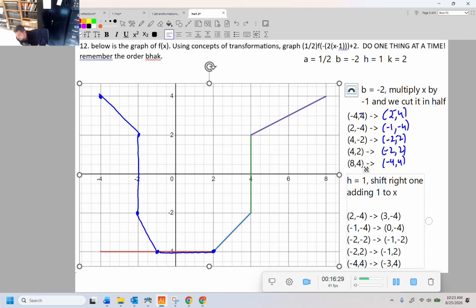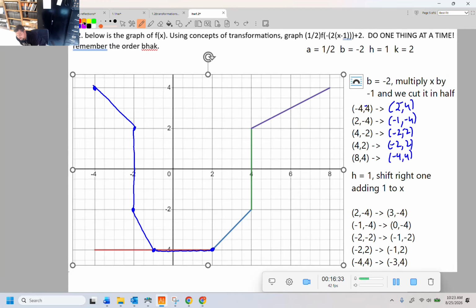It's tedious, I get that. Go through and plot my points. I'll do a different color here. (3, -4) exists now. It's going to put me right there. (0, -4) right there. And all we're doing is shifting these things right 1 unit. That's all you're doing.